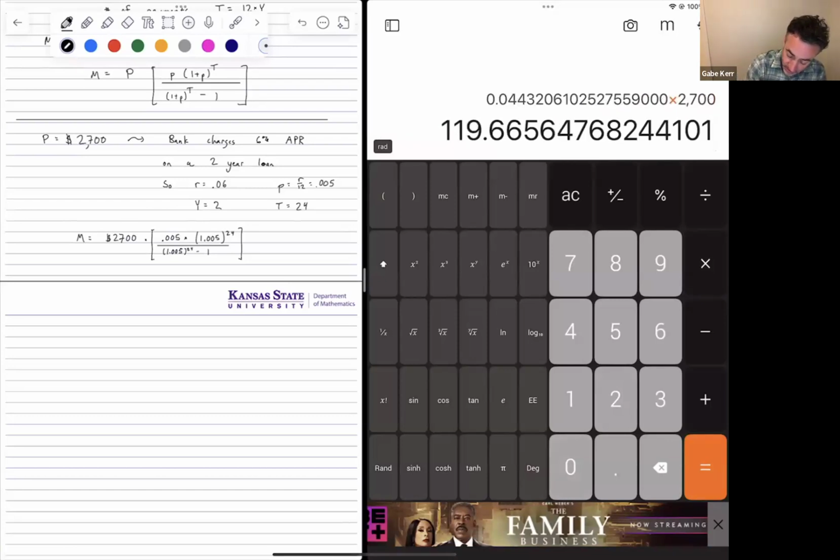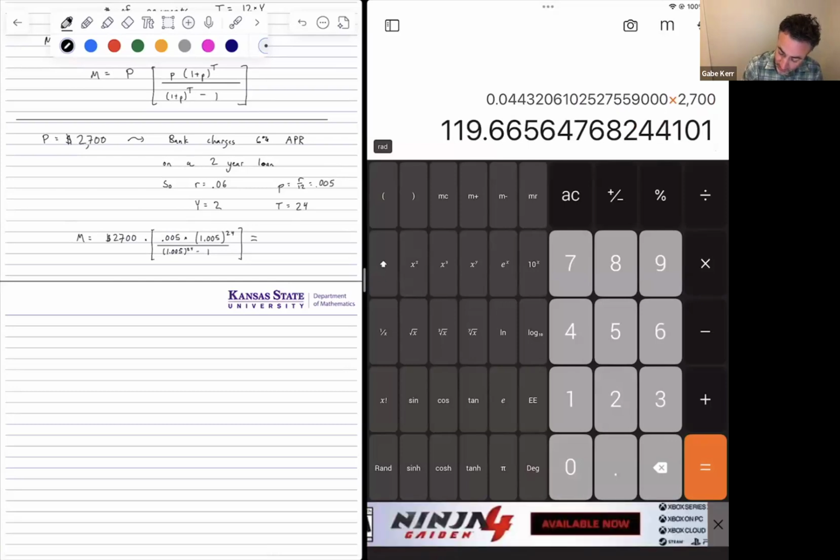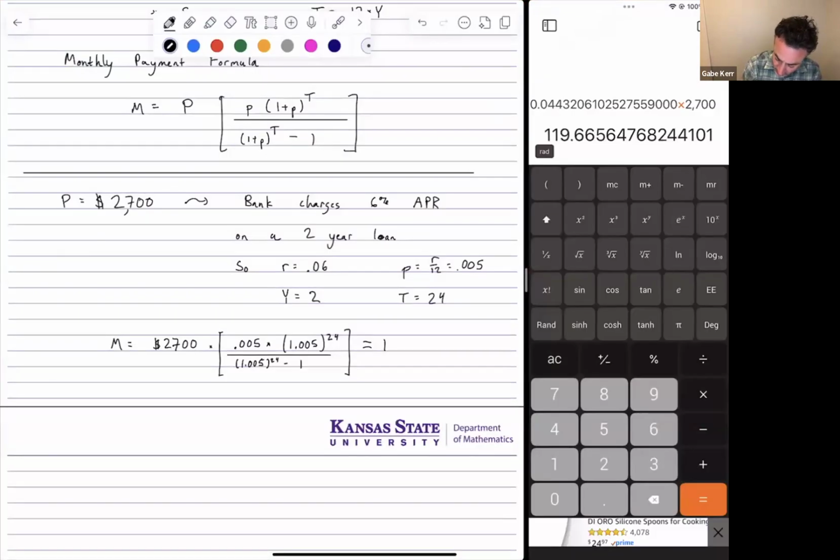And I get that this equals almost $120. So this is going to give me $119.67, basically. And this is the monthly amount that I'll have to pay in order to get this loan.